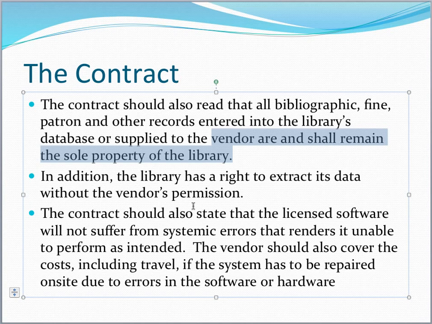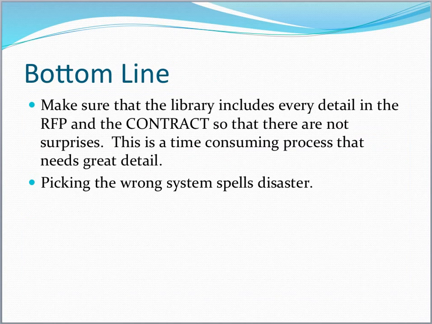Okay, so let's see what the bottom line here is. Make sure that the library includes every detail in the RFP. Again, remember, the RFP tells the vendor what the state of your system is, what your needs are, and what your expectations are on the new ILS.